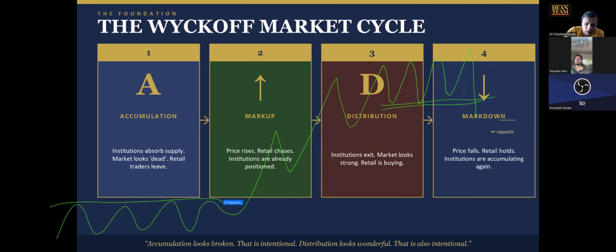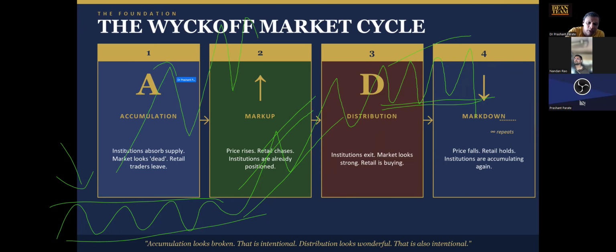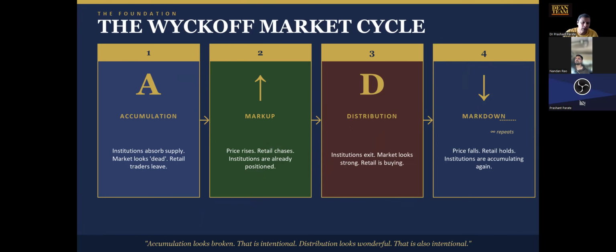So this was markup; the markup happens after accumulation. This is accumulation, this is markup, and this is distribution. In distribution, a swing high forms, a higher high forms, the next high forms with shortening of the thrust. What shortening of the thrust is will also be discussed in detail later on. But shortening of the thrust is one sign that distribution is happening.